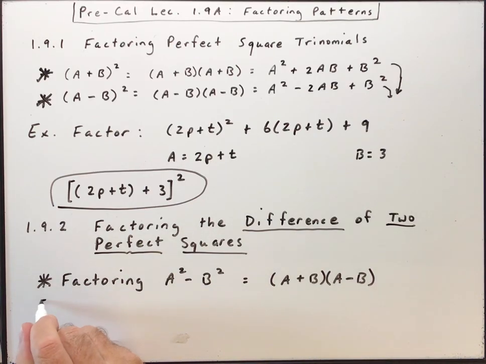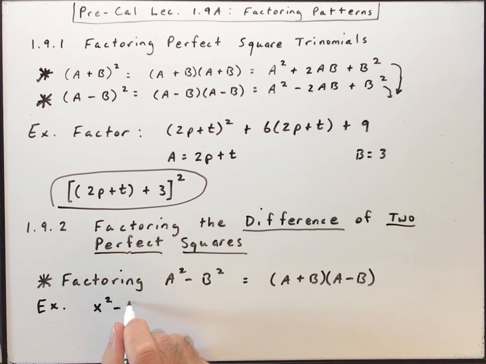Okay, so let's give an example here. Let's say we want to factor x squared minus 4. Well, do we have a perfect square here and a perfect square here? Well, if you take the square root of x squared, you're going to get x. So a is equal to x. How about 4? Is that a perfect square? Yep.